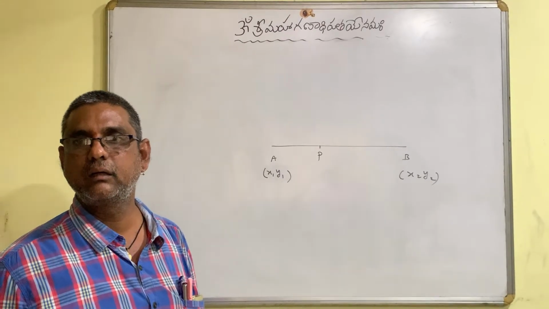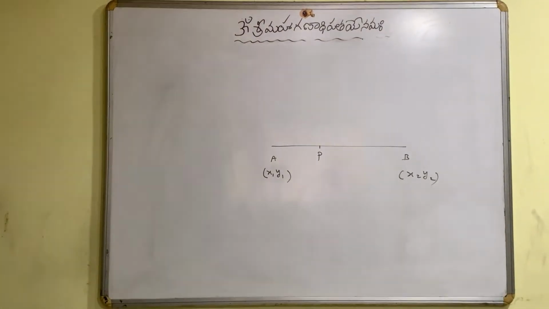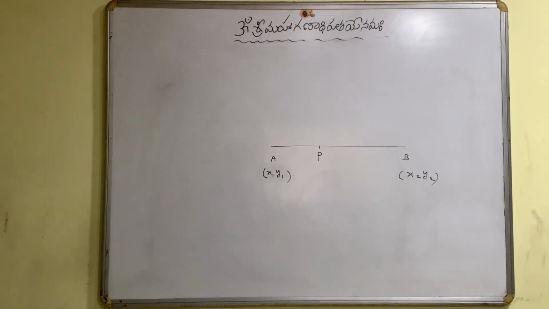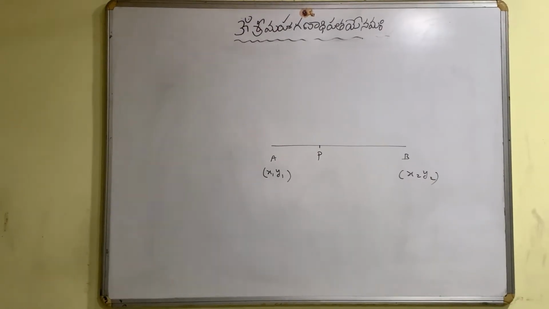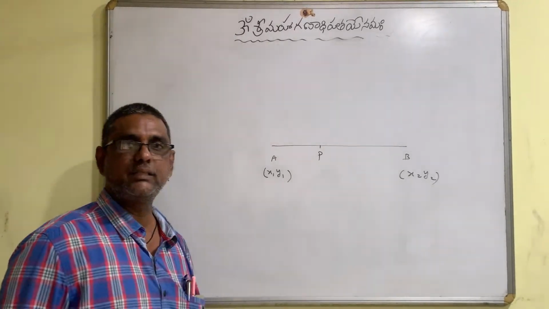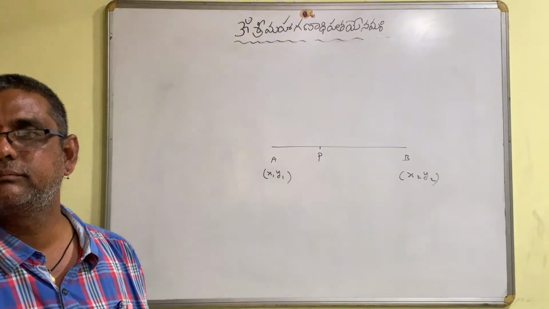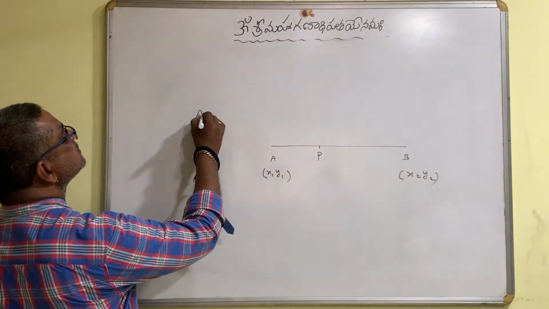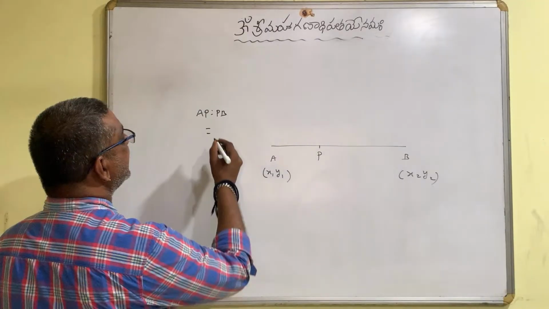There is a point in between A and B which divides the line segment AB in the ratio.